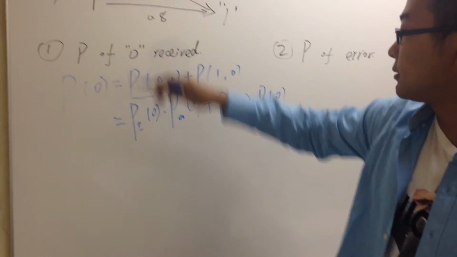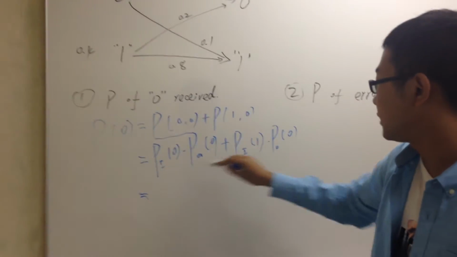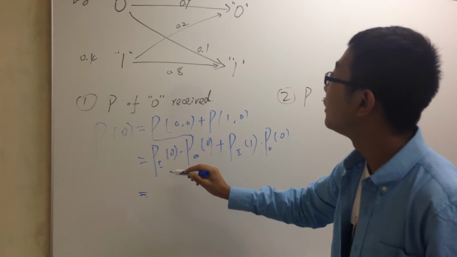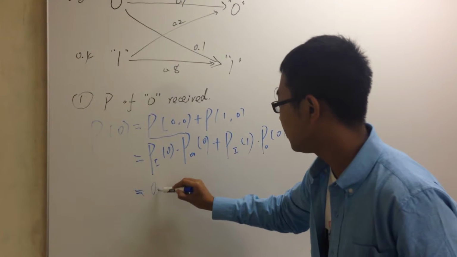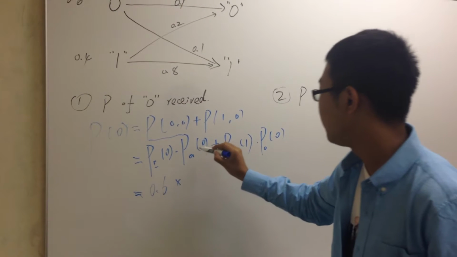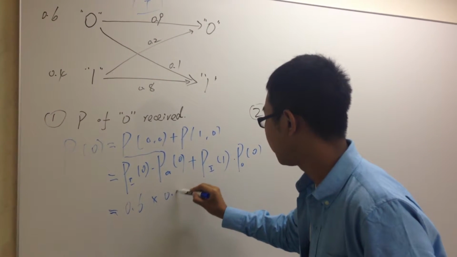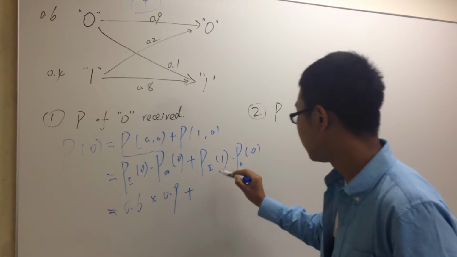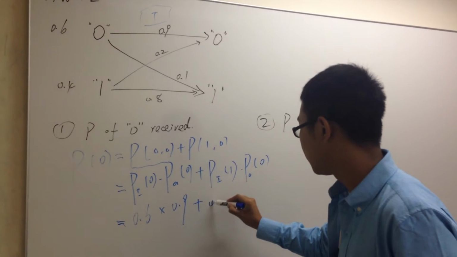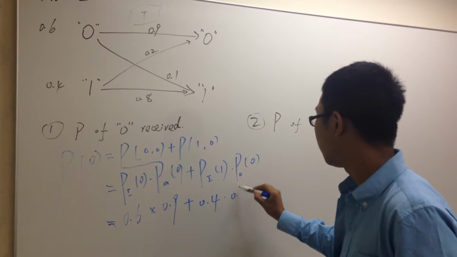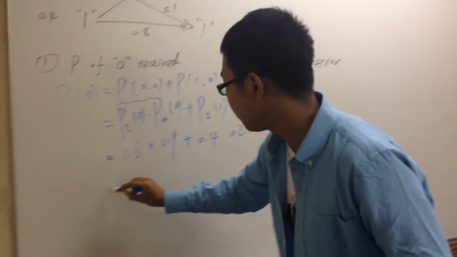So we put these numbers into this equation, and this equals 0.6 multiplied by 0.9, plus 0.4 multiplied by 0.2.